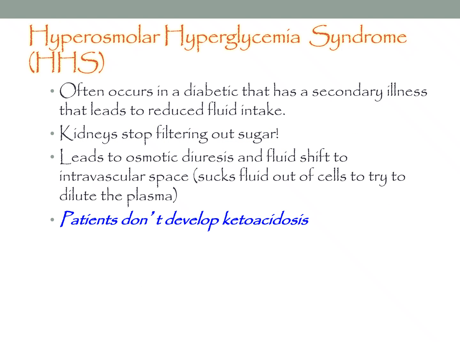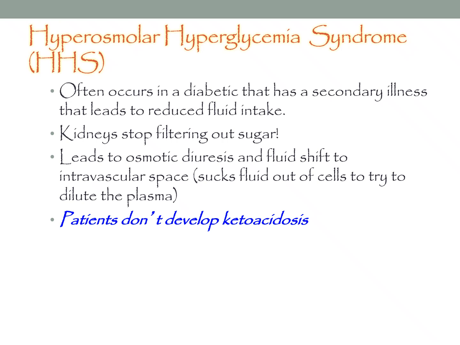In HHS, just like in a lot of these other endocrine emergencies, there's often an underlying stressor or illness. Remember that stressors or underlying illnesses favor a high blood sugar environment, so the body's already mobilized its sugar stores.